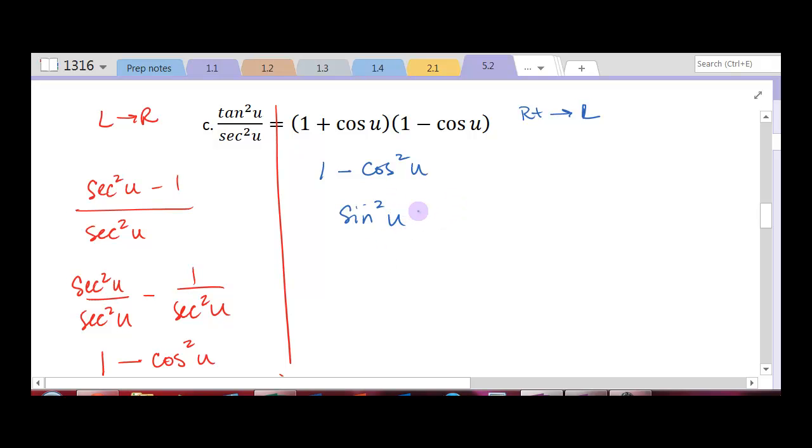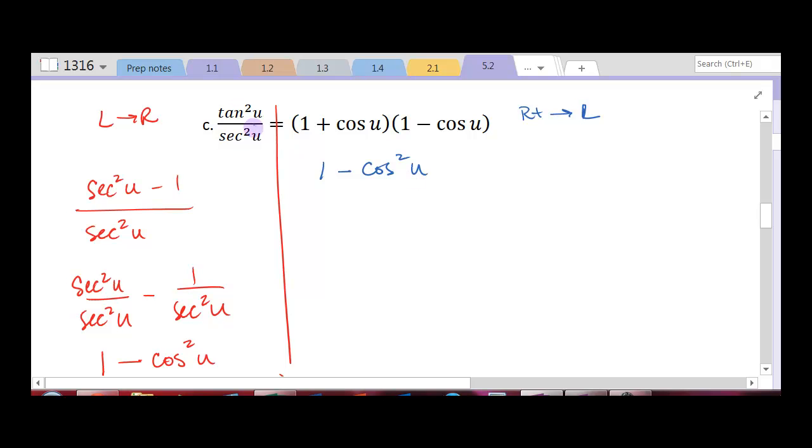And now I've got to try to turn sine into tangent and secant. And I don't know, I can't relate sine to secant very well, so maybe I don't want to do that right off the bat. So I'm going to get rid of sine squared u, and I'm going to say, okay, here I still have 1 minus cosine squared u. What else could I do in that case?